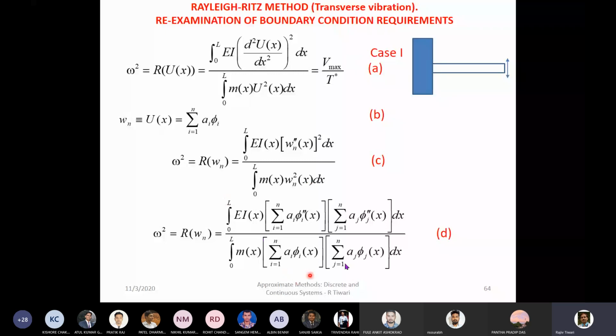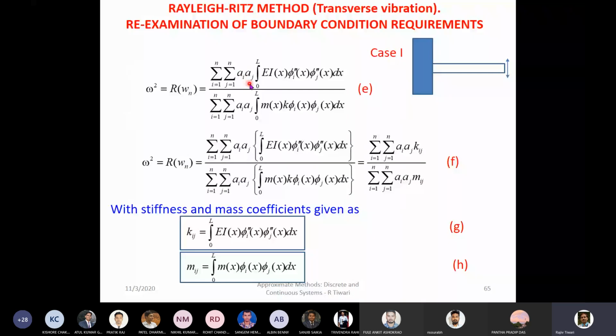Now we'll take the summation outside and bring the integral inside. We'll keep all the terms containing functions of x within the integral, and outside the constants. All the constants we have taken out because they have i and j subscripts, so they cannot be out of the summation.